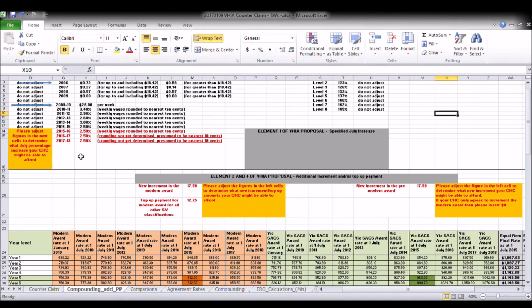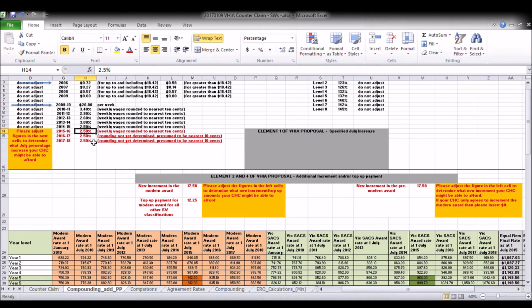Currently, the July increases are set to 2.5%. If your community health centre can't afford 2.5%, but may be able to afford a lower percentage increase, please change and amend these figures. The first increase for July 2016 will have to be set as 2.4%, because we already know that in July 2016, the Fair Work Commission increased the minimum award wage by 2.4%.